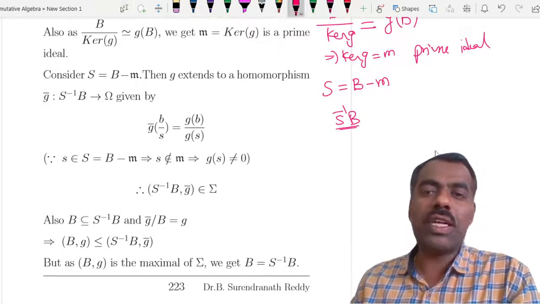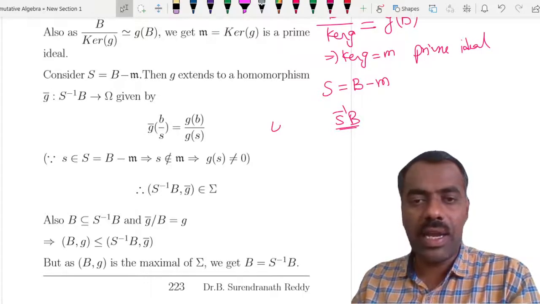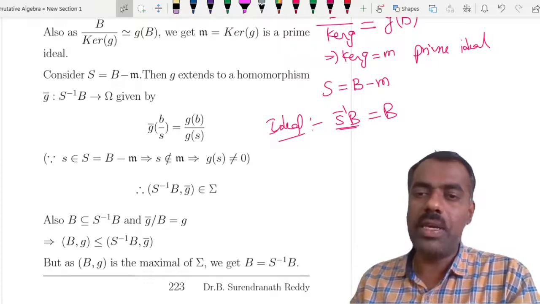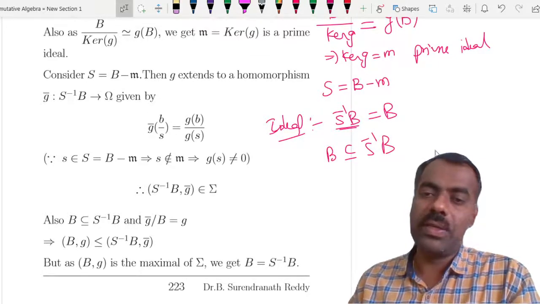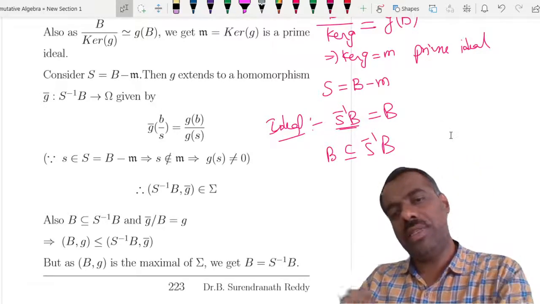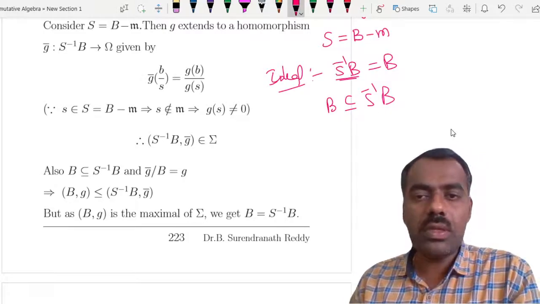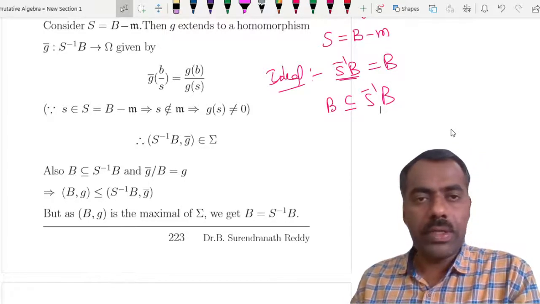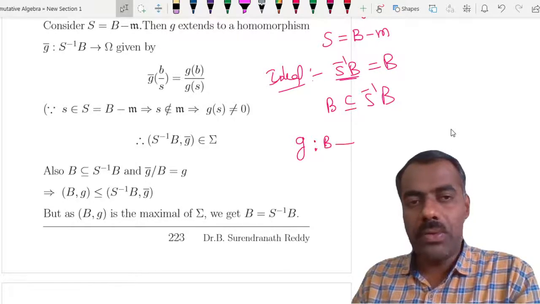Okay, we'll show that S inverse B is equal to B. That is the idea. We already know that B is clearly contained in S inverse B. So we want to show that S inverse B is contained in B. What we can observe is that G is a map from B to omega.